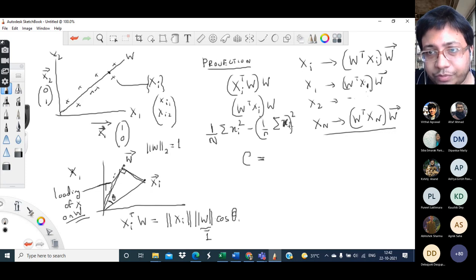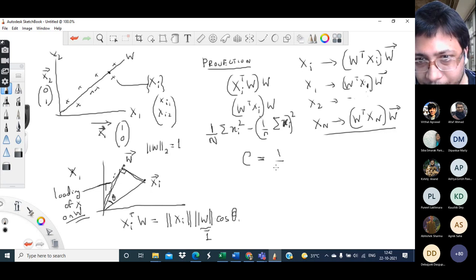Mean of squares minus square of mean. This is the definition of variance. In this case also I'm going to do the same thing, except for xi I am going to put in W transpose xi.